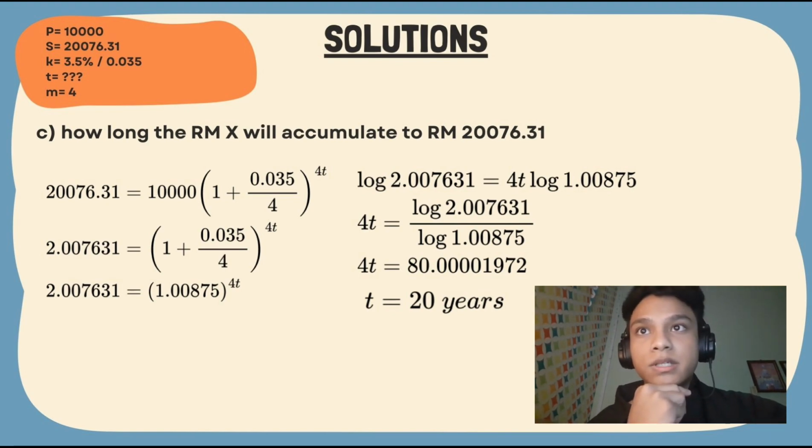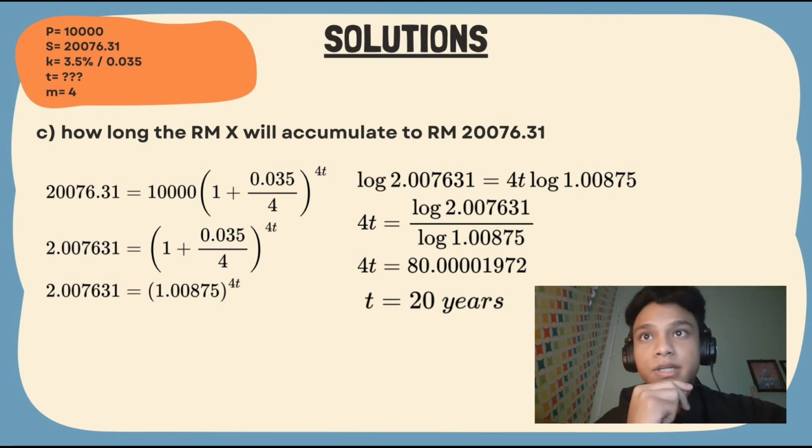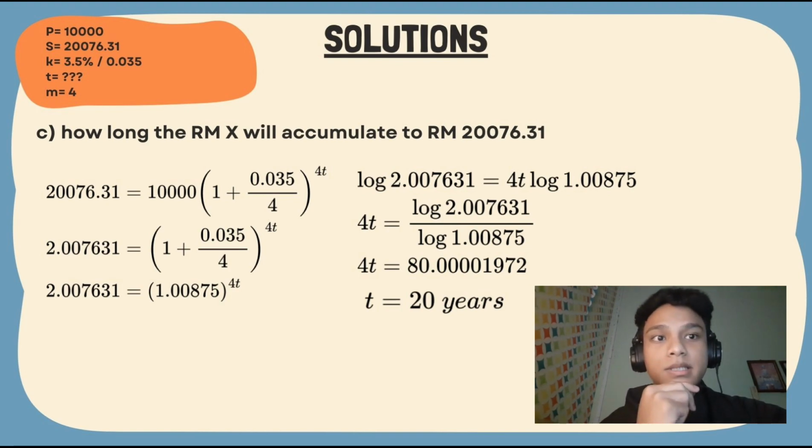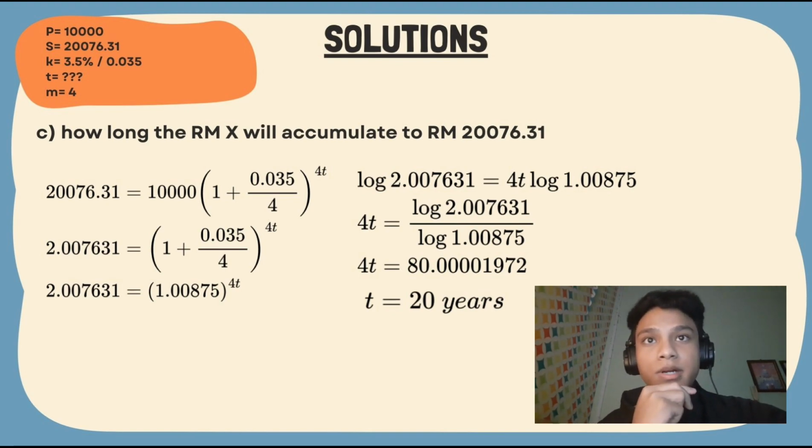So 20,076.31 equals 10,000(1 + 0.035/4)^40. Now we divide 20,076.31 by 10,000, so that would be 2.007631. And then we calculate the right side, (1 + 0.035/4)^40.